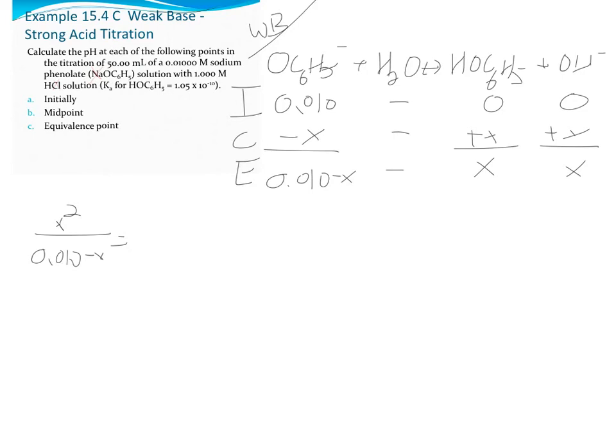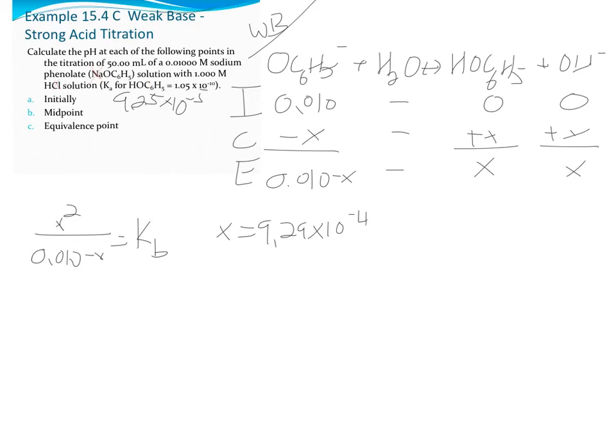So our Kb, because this is a base, so keep all the base terms together, is going to be 9.25 times 10 to the negative fifth. Okay, we plug that in, we get an X value of 9.29 times 10 to the negative fourth.